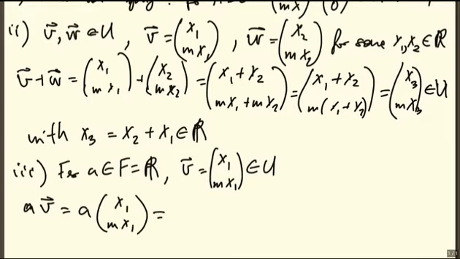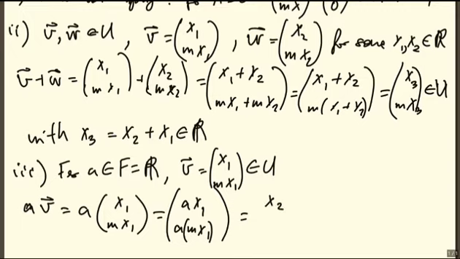We already defined scalar multiplication in general in R2, and that's component wise, (ax1, a·mx1). Well, originally it's supposed to be a multiplying mx1, but then we can simply change the order, since a times m in the real numbers, the multiplication is commutative.